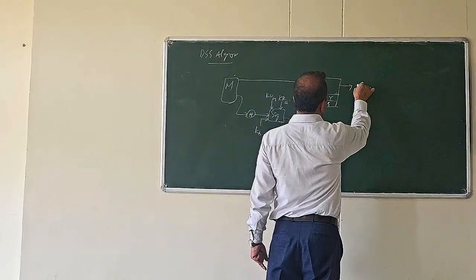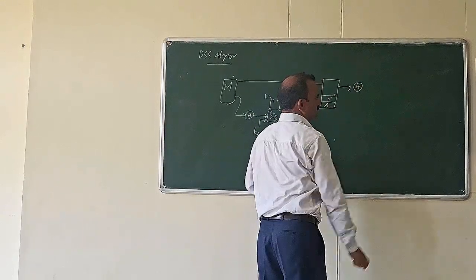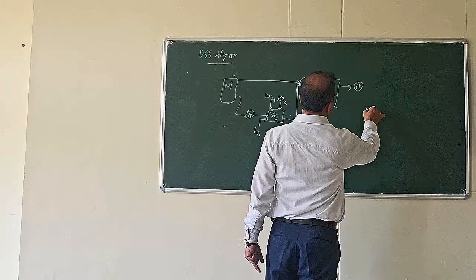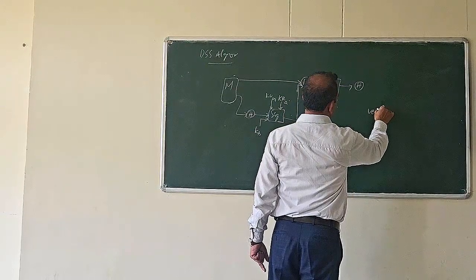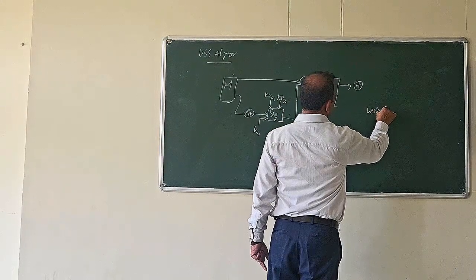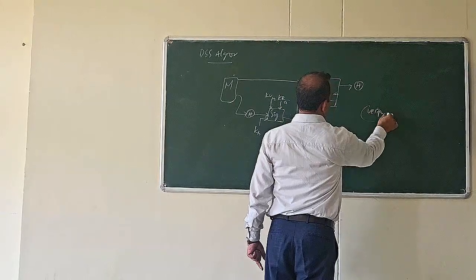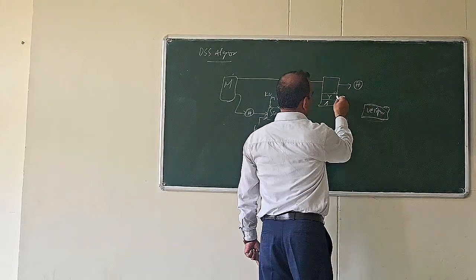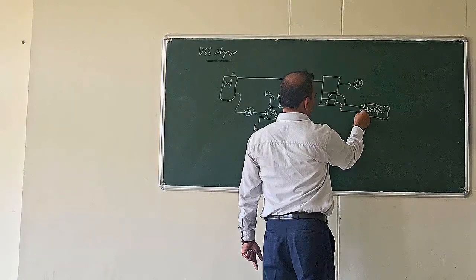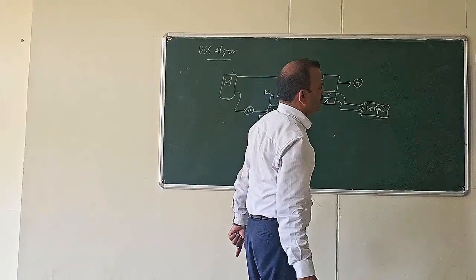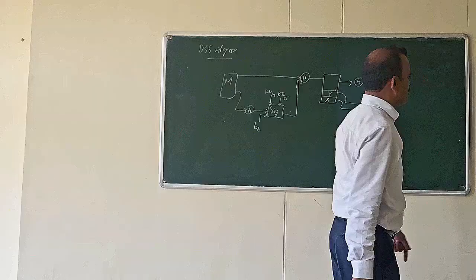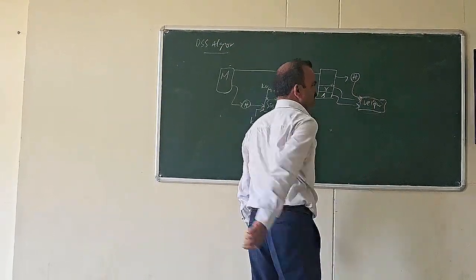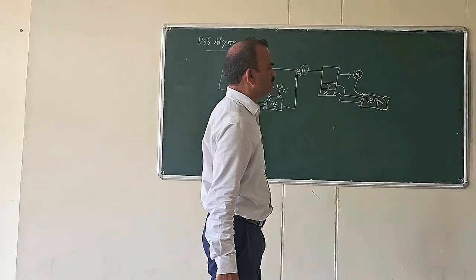Here the message is input to the hash function, and here we have the verify function. This is inputting to this, and one more input comes from the hash function to the verify function.